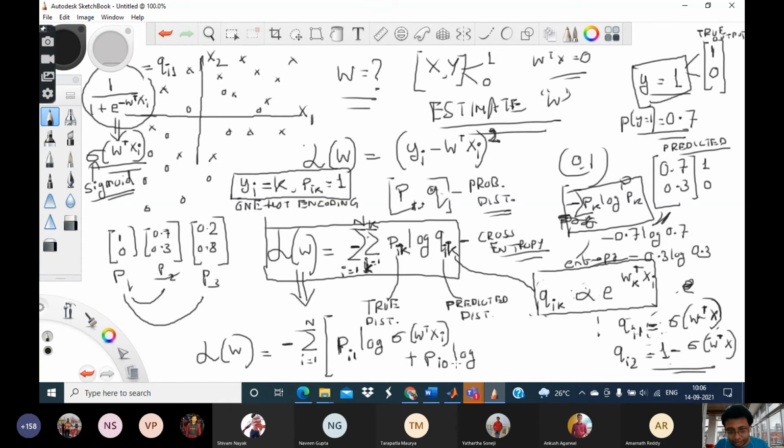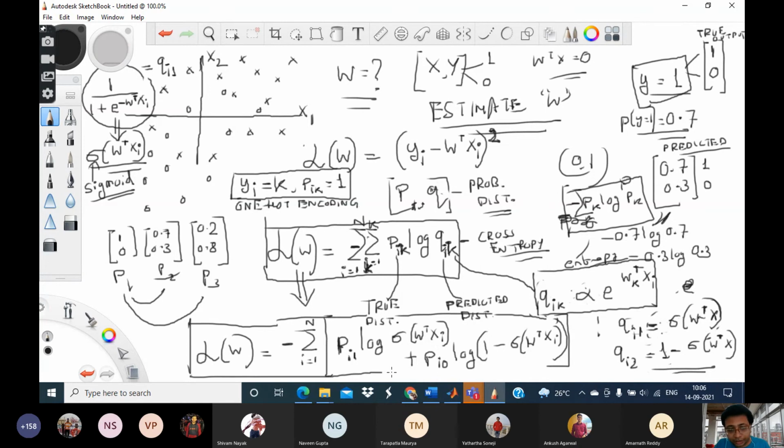So I write this as pi0 times log of 1 minus sigmoid W transpose Xi. And now I close the whole thing. So this is the loss function which I have got for logistic regression.